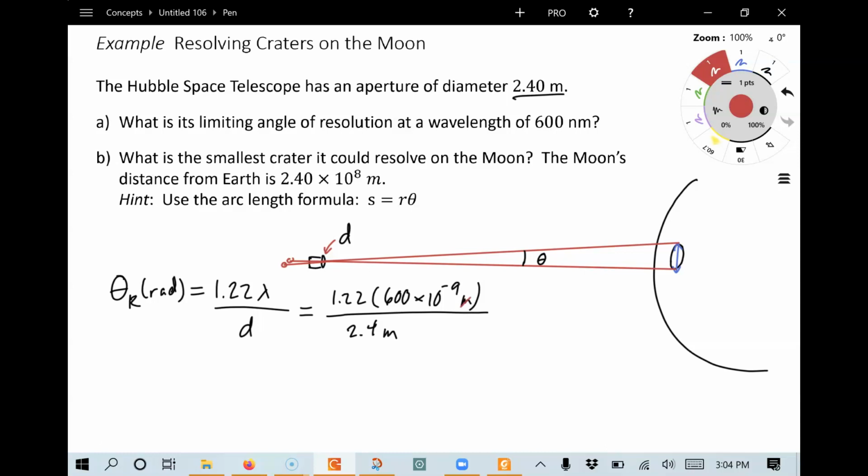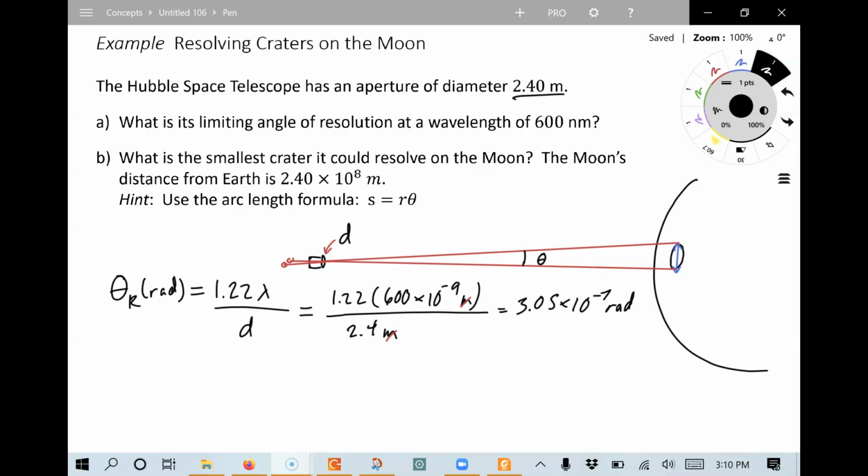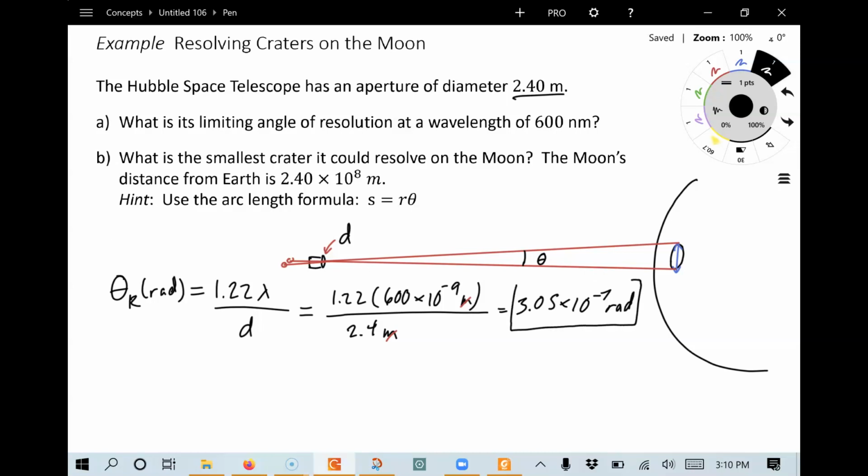That allows our meters to cancel, and we're going to get an angle in radians equal to a very small value, 3.05 times 10 to the minus 7 radian. So this angle for the Hubble telescope used with that wavelength is the minimum angle which we are able to resolve. Anything smaller than that, we will not be able to tell that there's two distinct images.